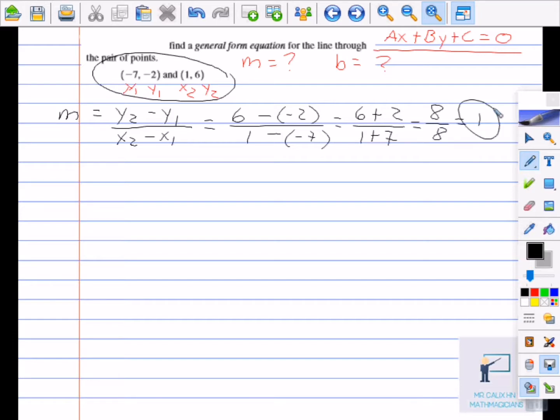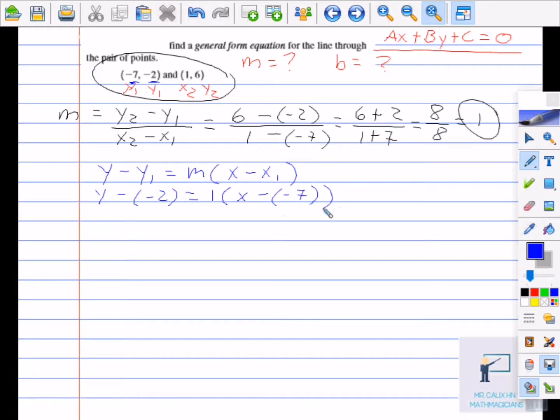Now let's find the equation. What formula are we going to use? y - y1 = m(x - x1), which is your point-slope form. If we substitute this information, we have y minus y1, which is -2, equal to m, which we found is 1, times x minus x1, which is -7.